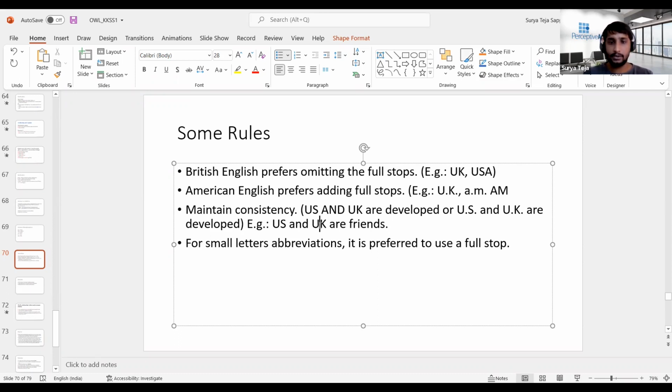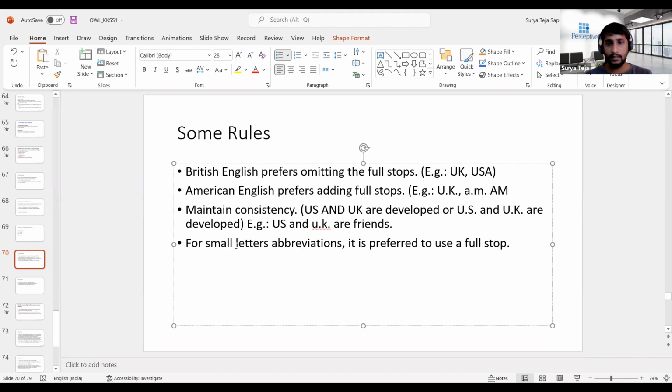But if you say US and uk in this way, then it becomes very inconsistent. Or if you use small u and small k also, it becomes inconsistent. So whenever we are writing a sentence, whatever rule we maintain, there has to be consistency in this. If you use capital letters for US, then for the other country you have to use UK in that way, whenever you are expressing them in short forms. So this consistency has to be followed. This is one of the important rules.